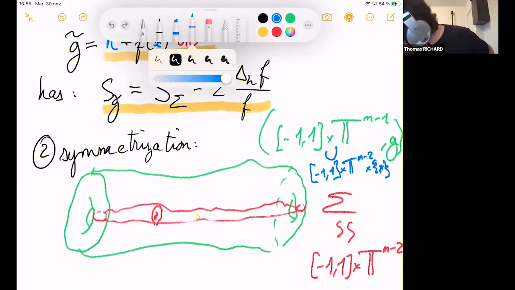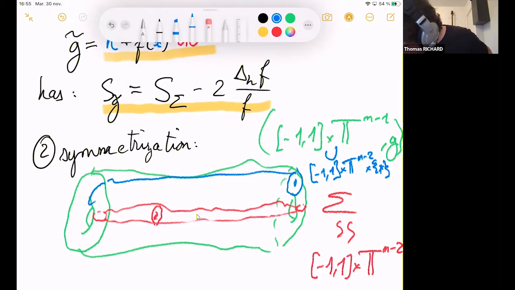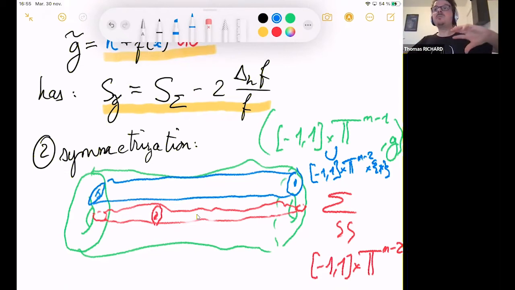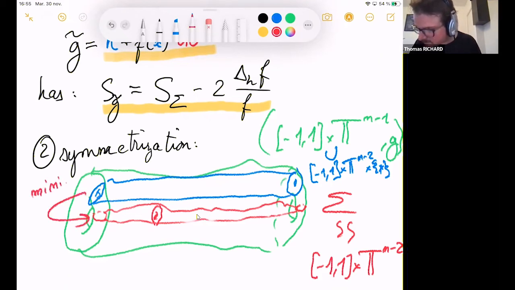Among all the deformations of this hypersurface, I can find some sigma which minimizes area. It will have topology not too different from the original topology, okay?